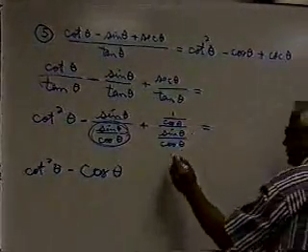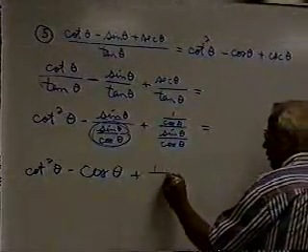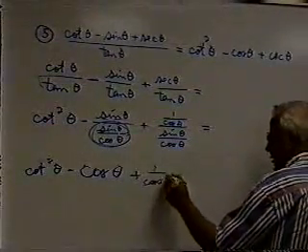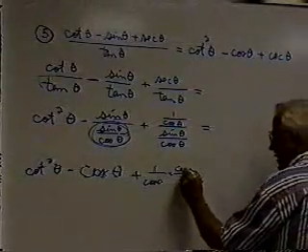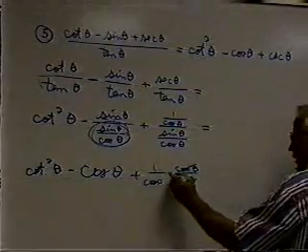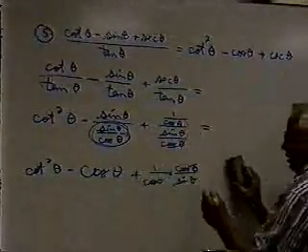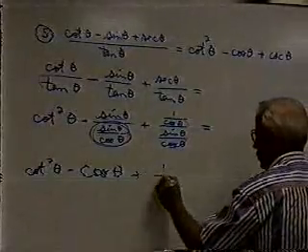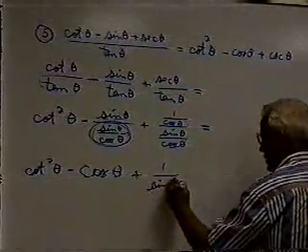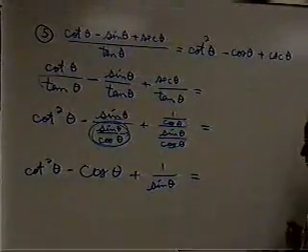All right, what about this one? Plus. All right, well, this would be 1 over cosine times invert and multiply would be cosine over sine. What happens? Cosines drop out. So all of this ends up being 1 over sine. Okay?